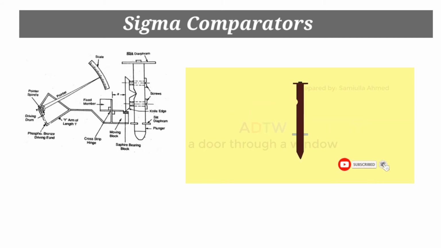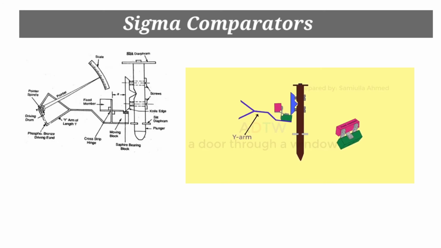A knife edge is screwed onto the plunger, which bears upon the face of the moving member of a cross strip hinge. This unit comprises a fixed and a moving block, connected by thin flexible strips at a right angle to each other. Whenever the plunger moves up or down, the knife edge drives the moving member of the cross strip hinge assembly.